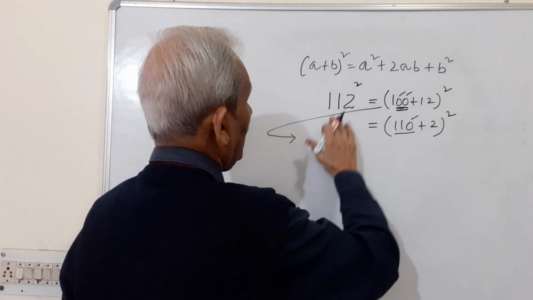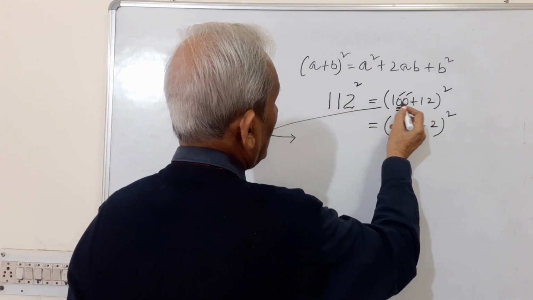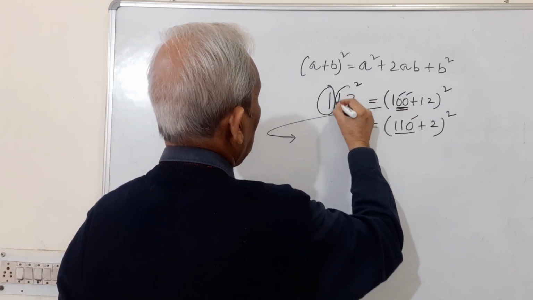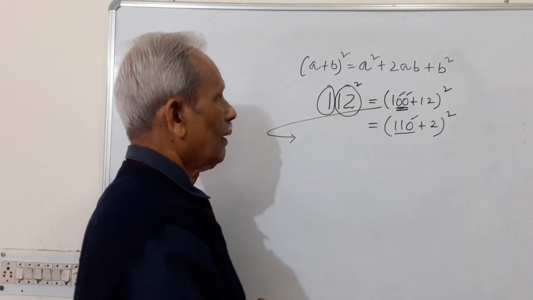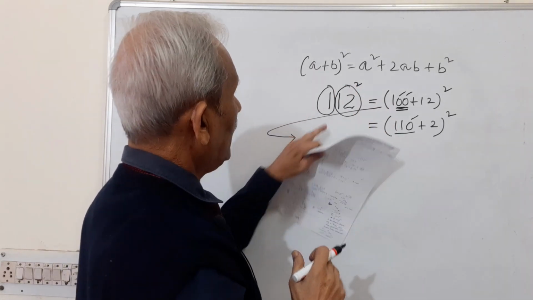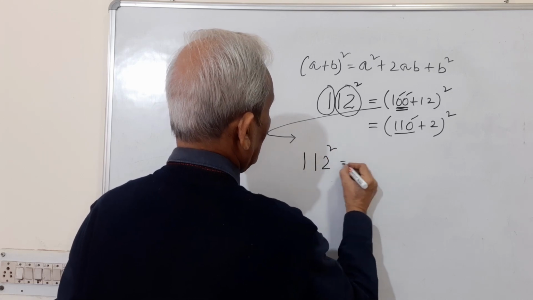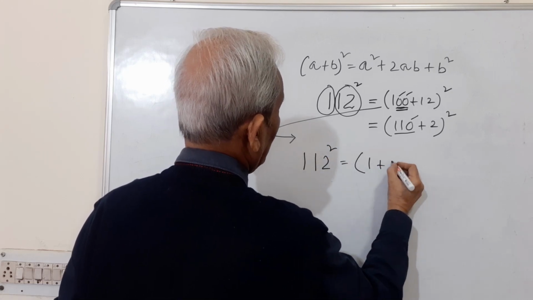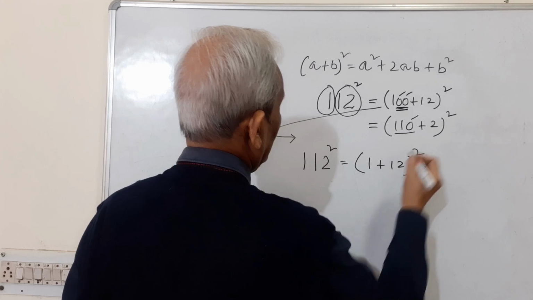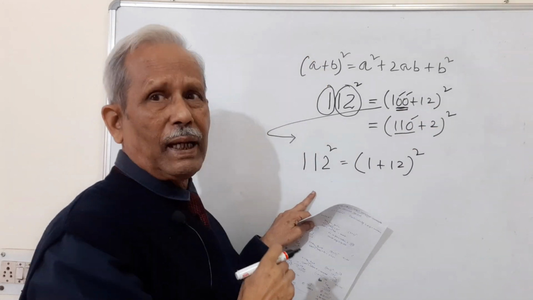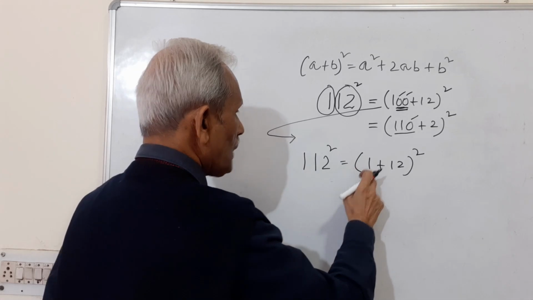So the first part, if we take 100, means what? You are taking 1 as A and 12 as B. Are you getting my point? Here I am taking 112 square is equal to A plus B whole square. You are writing like this. So here I will apply this. So in this first case, 1 square is how much?